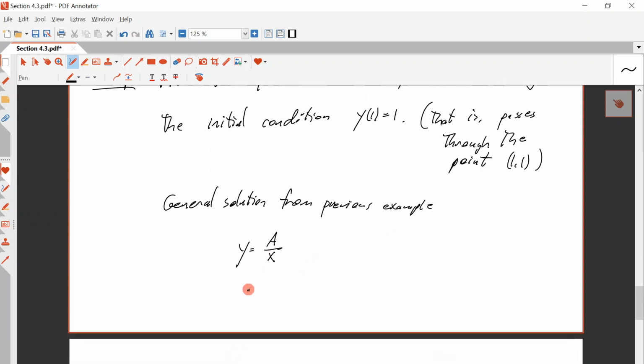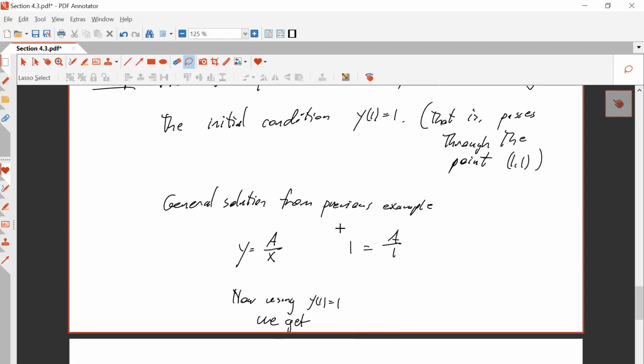Now using y of 1 equal to 1, so y is 1 when x is 1, we get this, which is just saying that 1 is equal to a.